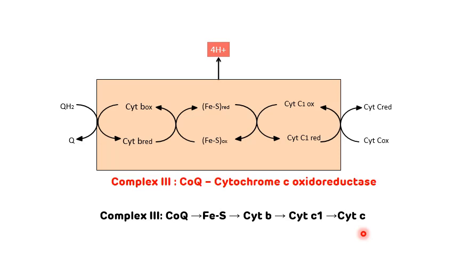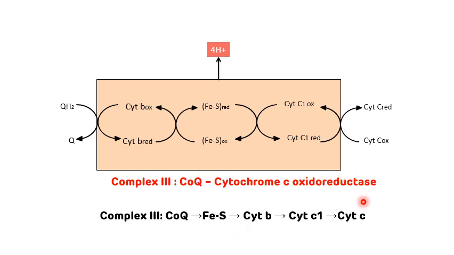Cytochromes are basically the iron containing hemoprotein which gets involved in the transfer of electron in the electron transport chain, and among all this cytochrome, that is cytochrome C, cytochrome B, cytochrome C1, cytochrome C is the water soluble and it is the mobile one, while all other cytochromes are the lipid soluble and they are fixed in the mitochondria.